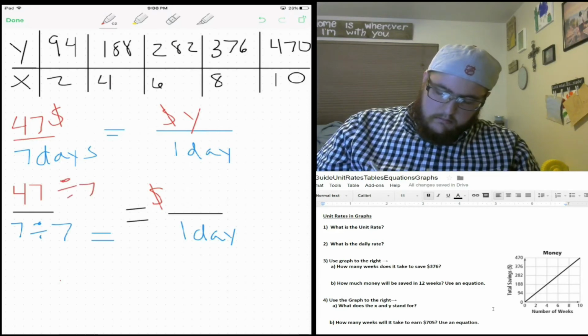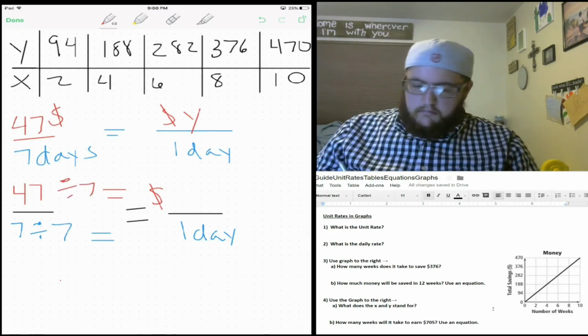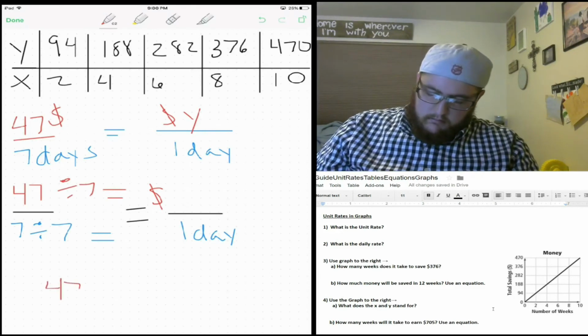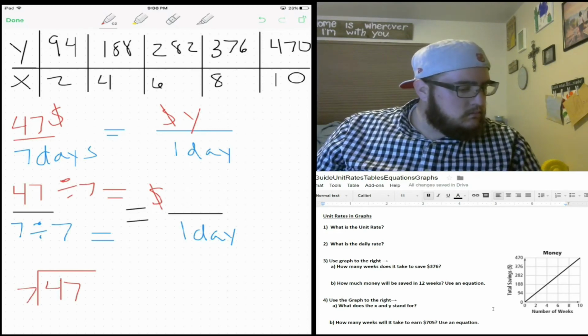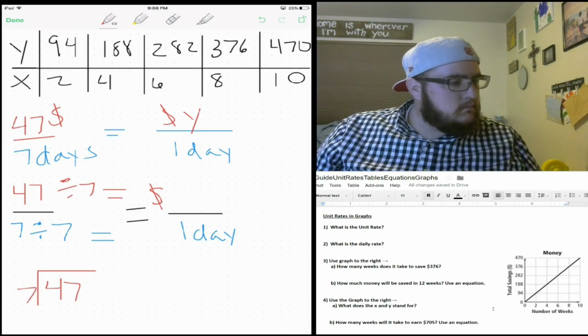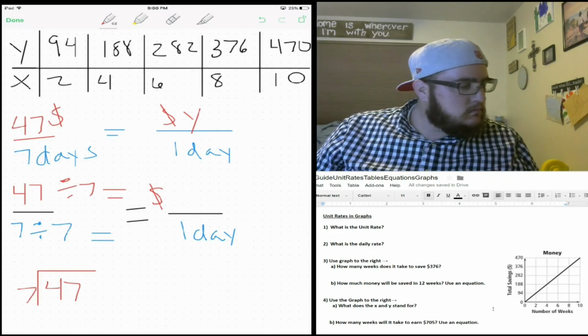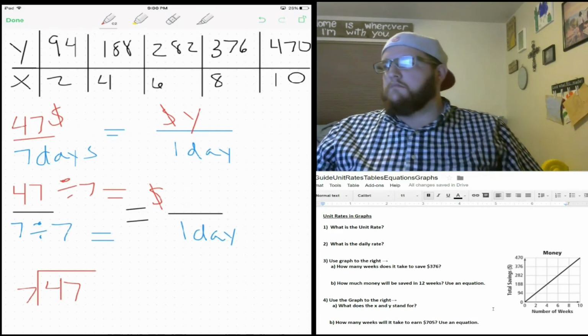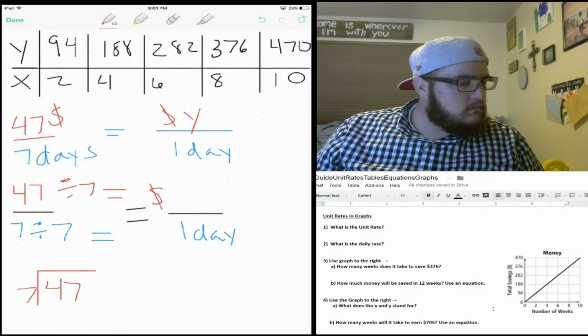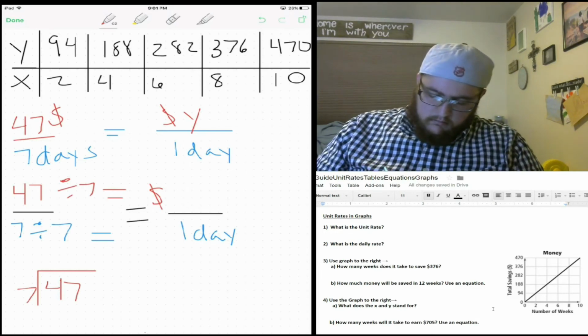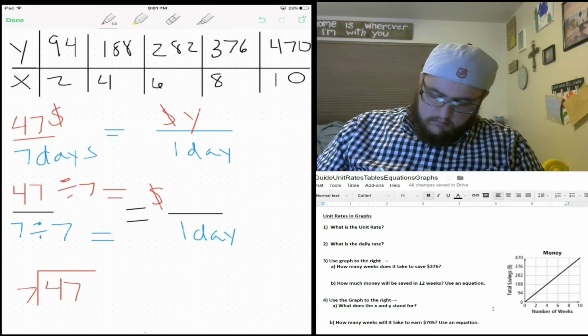So we'll divide the numerator by 7. 7 divided by 7 is 1 day, and 47 divided by 7, let's see, well, we know that 7 will go into 47 6 times, and that will give us 42, and we'll be left with 5.